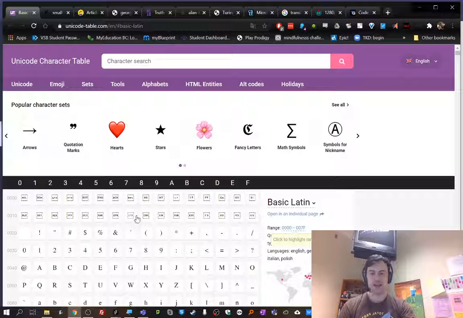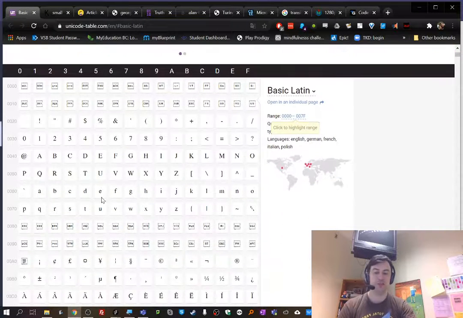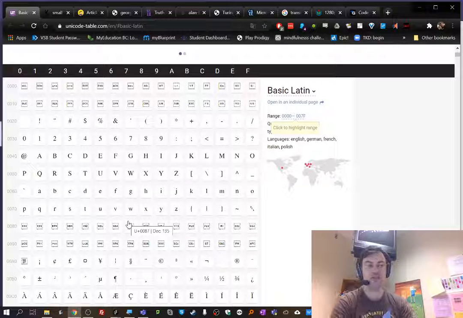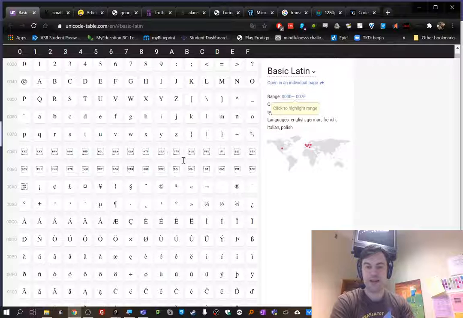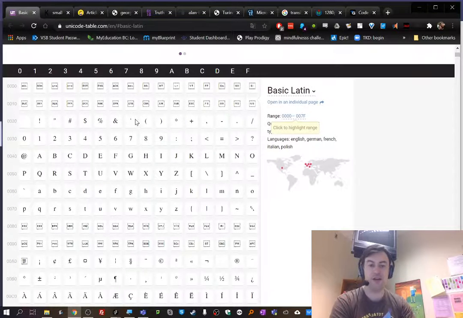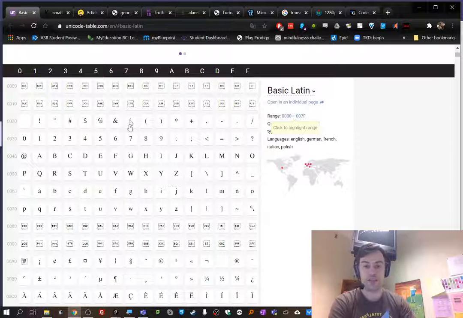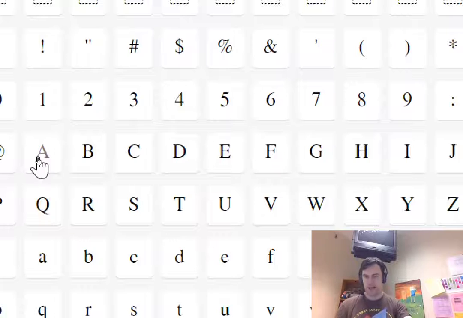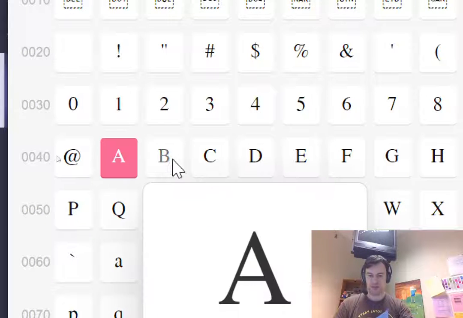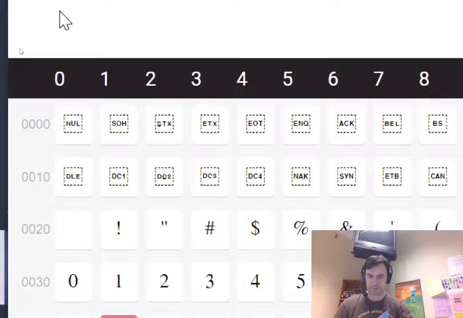Text is the letters and numbers and symbols that you use to write things down. Written language has been around for a long time, and we have encoded just about every written symbol ever used in human history in binary numbers. Take a look at, for example, the letter A, capital A specifically. There's also one for lowercase a.